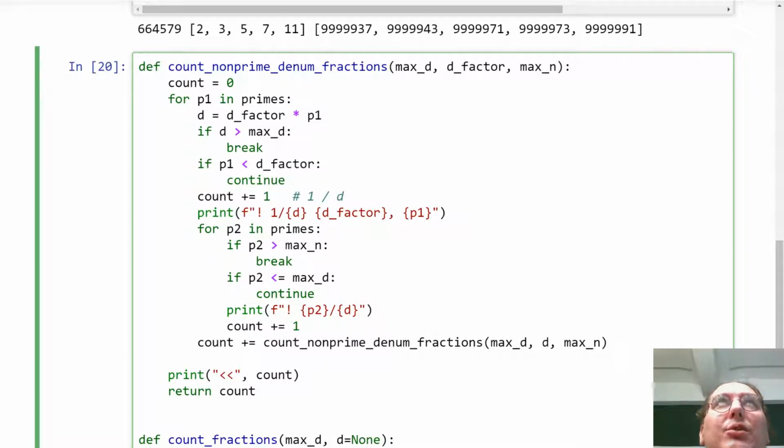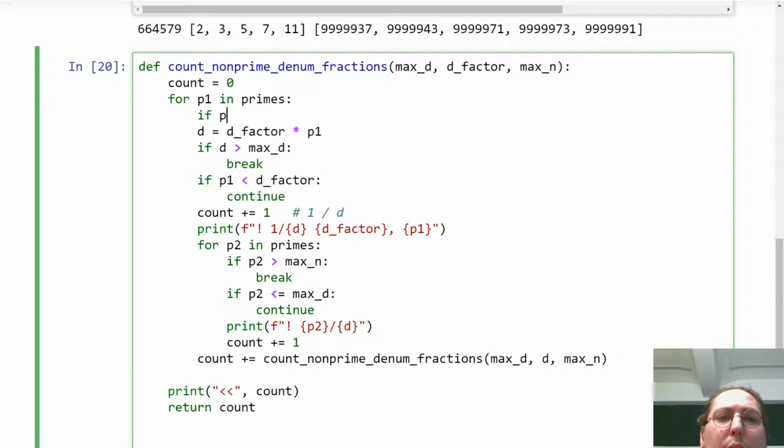I will only generate the denominators once. Okay, so this is what I'm doing. P1 has to be greater than, let's do this actually.